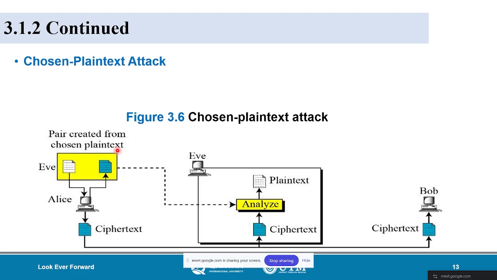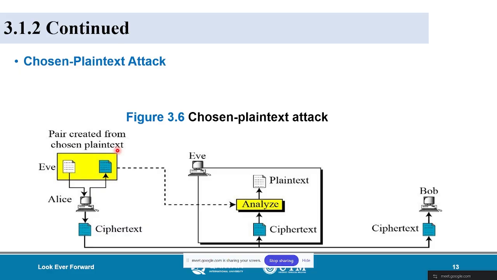Now a chosen plaintext. Alice sent the ciphertext to Bob. However, again, Eve intercepts it, intercepts the ciphertext and analyzes it in order to get the plaintext. However, how does she analyze it? Now you see Eve sends Alice a plaintext.